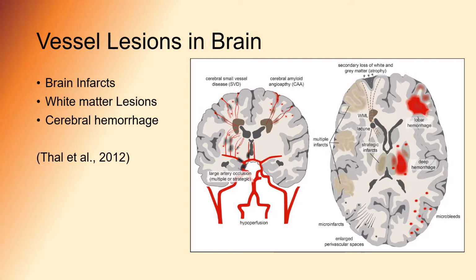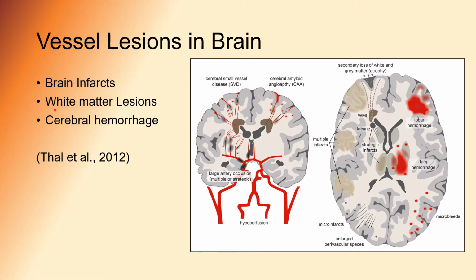There are 3 types of vessel lesions. They are brain infarcts, white matter lesions, and cerebral hemorrhage. Let's look at this picture. Here in the gray areas, there are different types of infarcts. Some are multiple infarcts, some are strategic infarcts, and some are microinfarcts.